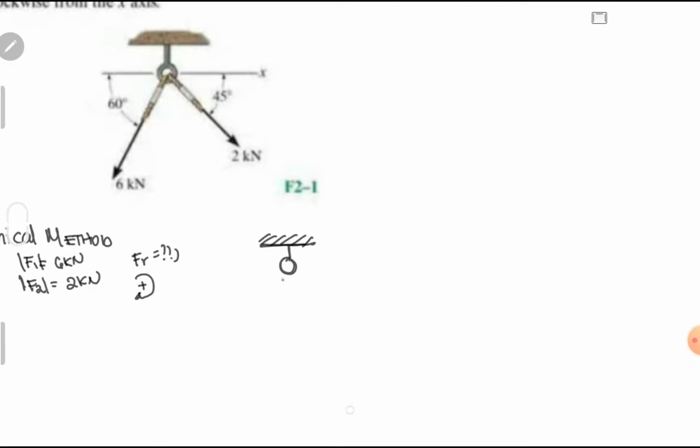We have the 6 kilonewton projection, I will exaggerate the values, and then the 2 kilonewton projection, which has 45 degrees, and then this is your 60 degrees.